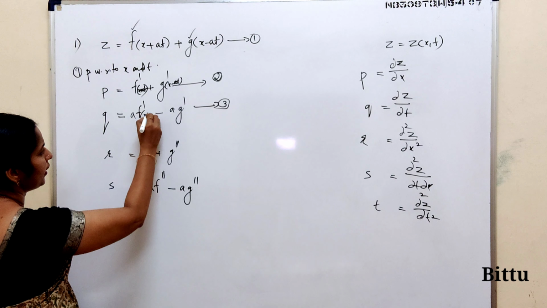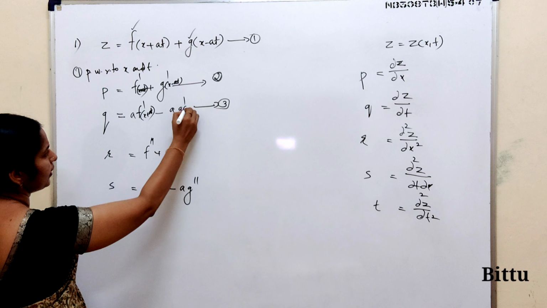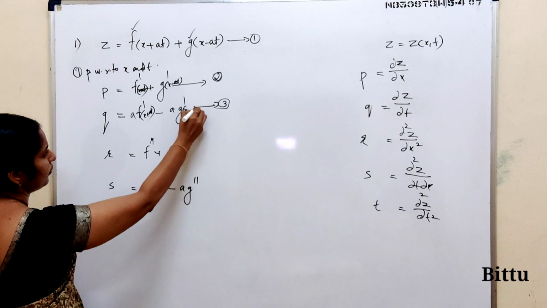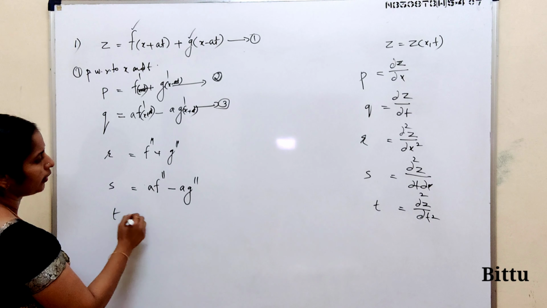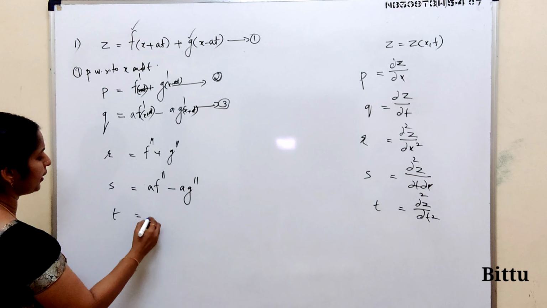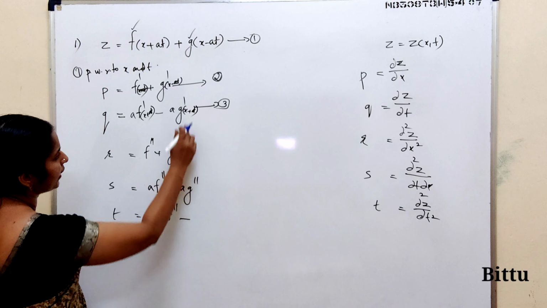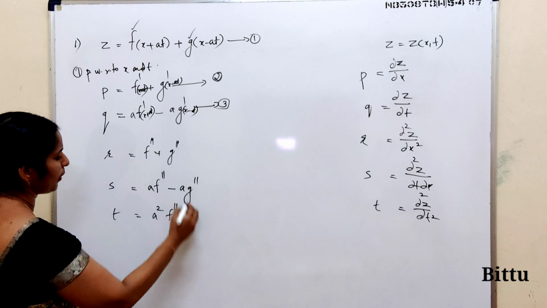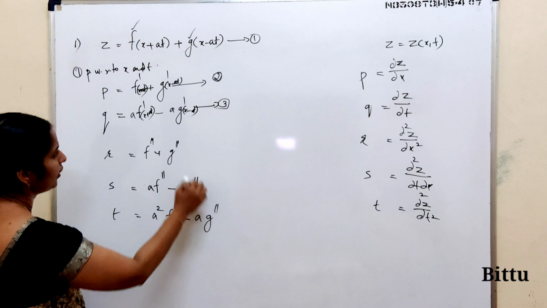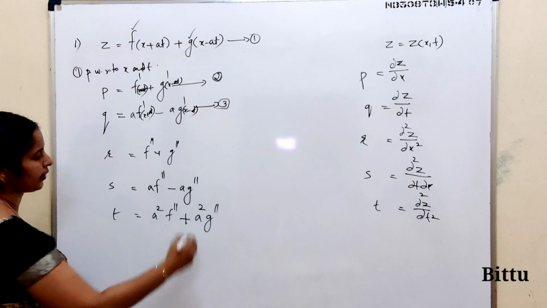That is, t is you differentiate with respect to t again. So, a square f double dash minus a g dash of x minus at, minus a g double dash into minus a, so plus a square.